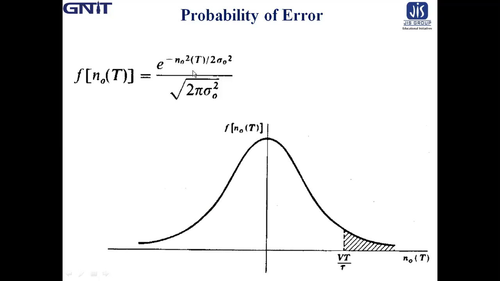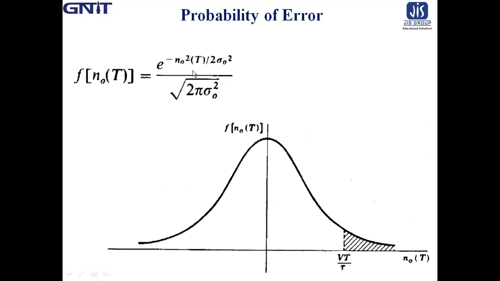Suppose that during some bit interval, the input signal voltage is held at, say, minus V. Then at the sampling time, the signal voltage is s0(T), which is minus VT by tau.